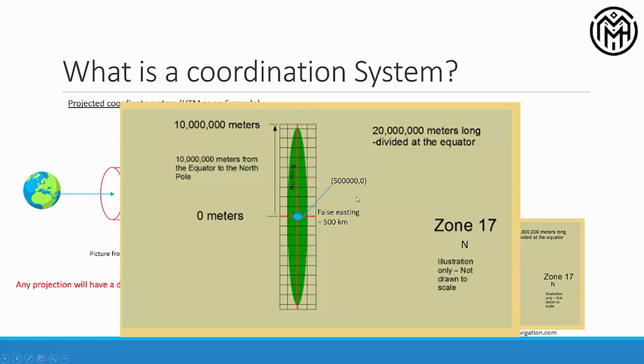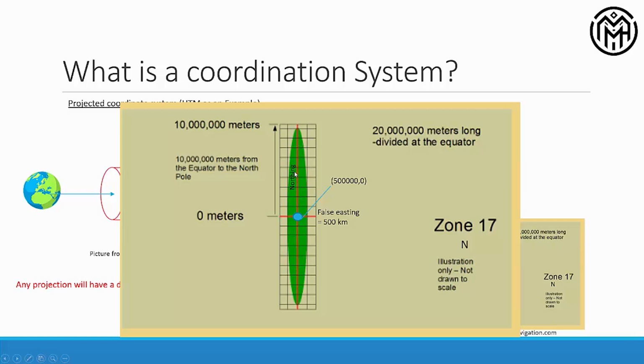The origin of this coordinate system is the intersection between the center line of the zone and the equator of the Earth. This is the equator of the Earth. This is 0. And here the middle line of the zone is the y-axis.